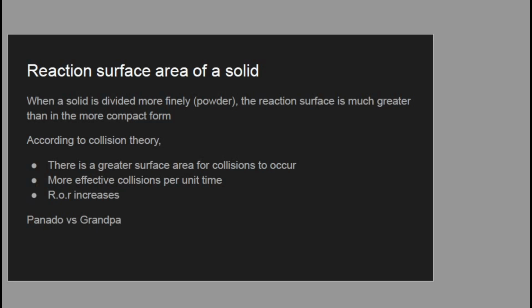They say Grandpa does get to work a bit quicker, because the total surface area of the pieces is greater than in the compact form, so it does get to work faster. It brings relief much faster than in a tablet form, because, a little bit of bio here, the body doesn't need to break down the tablet itself. It's already broken down in Grandpa form, so it just goes straight to work immediately.